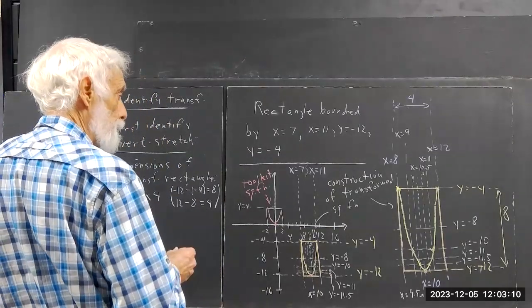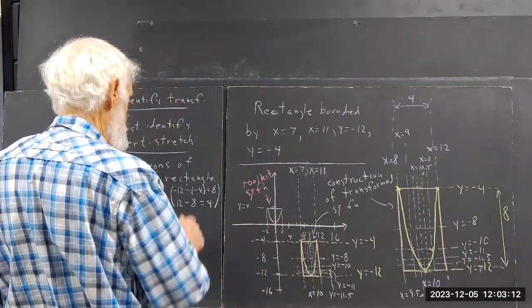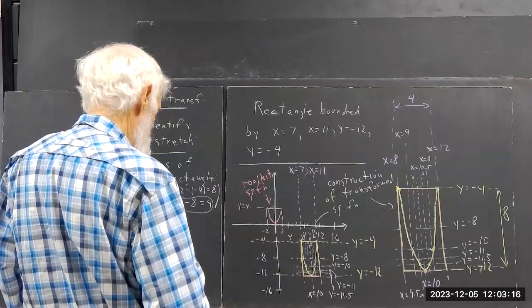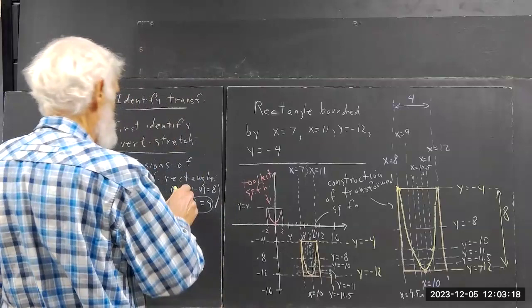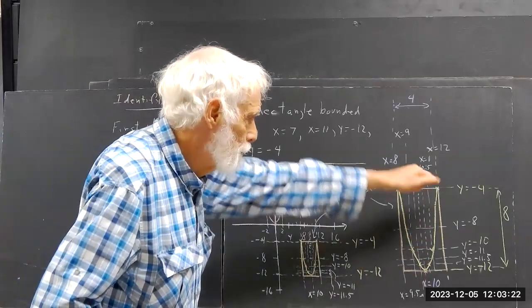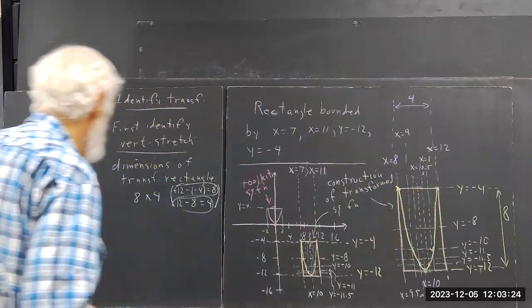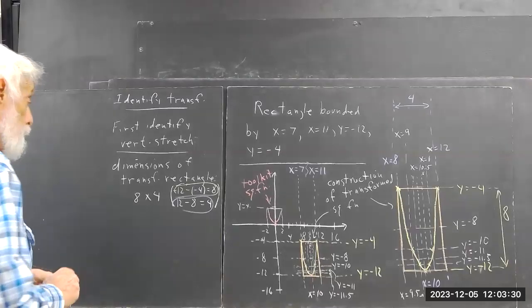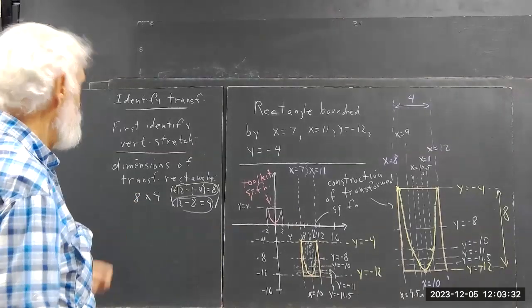Let me circle this one in purple, and this one in green. This indicator goes with the green projection lines and the purple. Okay? Make sense? Okay. So we've got an 8 by 4 rectangle.